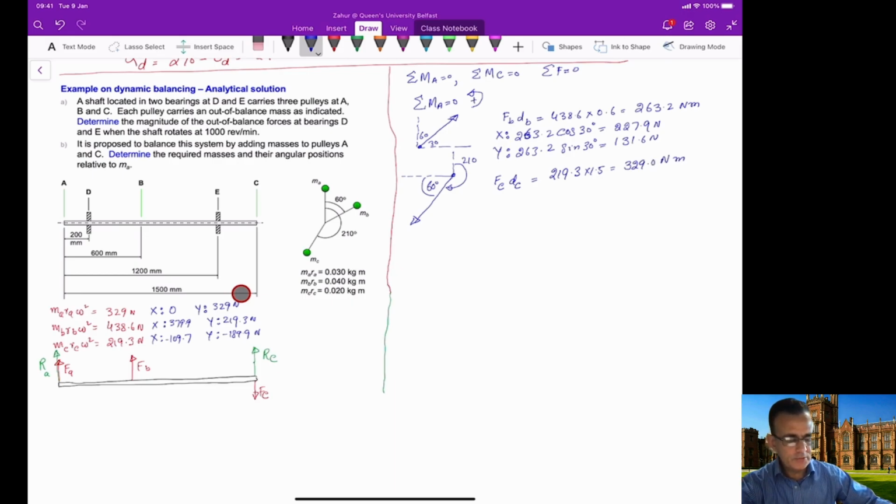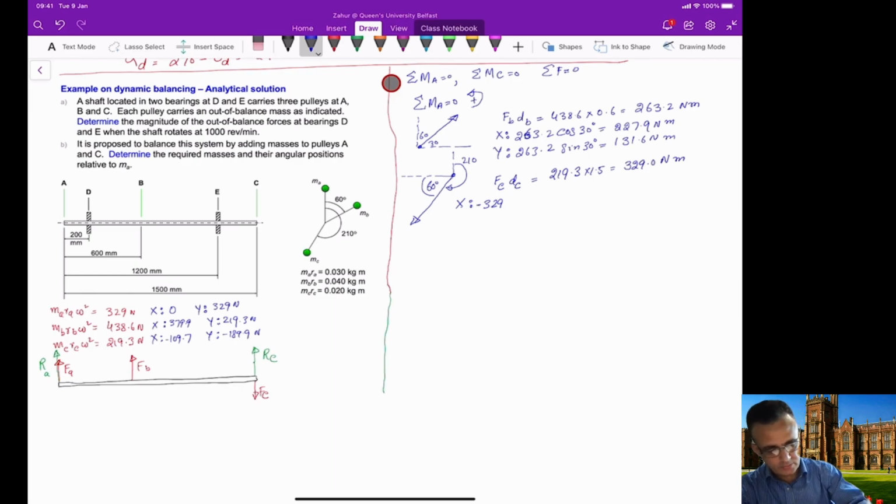Okay, so if you calculate this value, you may think that because the FC is in the downward direction, this should be negative. And we will include this because you can see the vector is in the negative direction, so obviously its X and Y components are automatically negative. So if you take the X component of this 329, it is minus, because it's in this direction here.